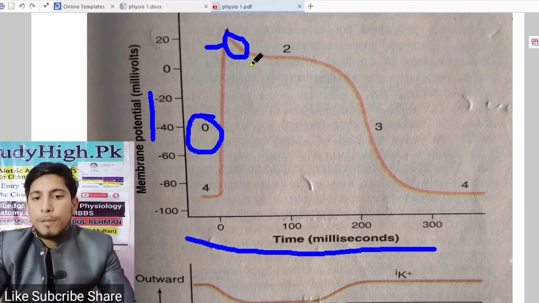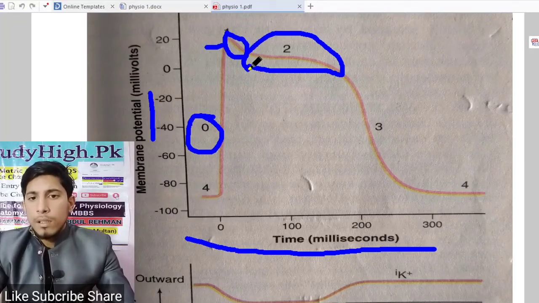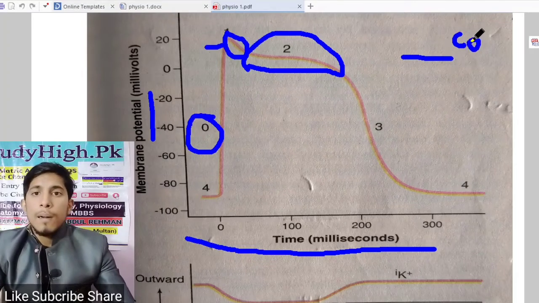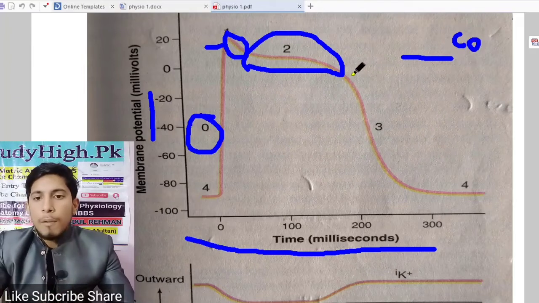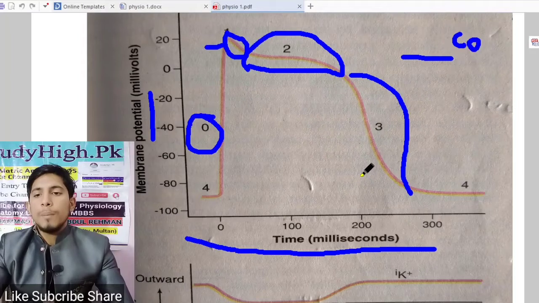Then there is a plateau phase, in which L-type calcium channels open and cause the movement of calcium ions into the cell, increasing the time of contraction of the cardiac muscles. This is only a characteristic of cardiac muscles. After this, slow potassium channels open rapidly. So these are the three important phases.